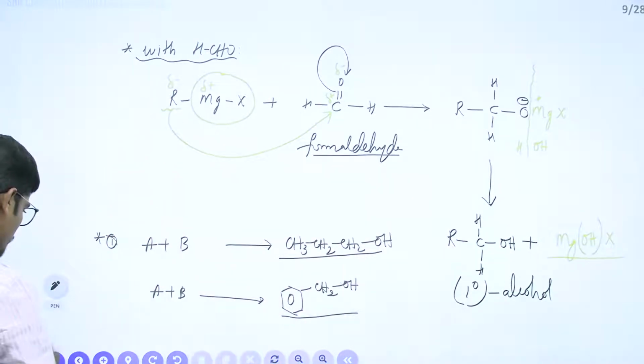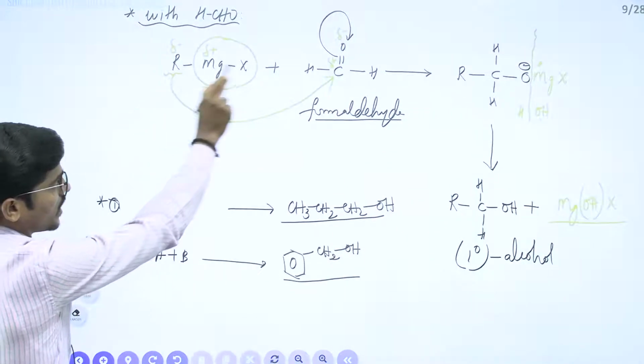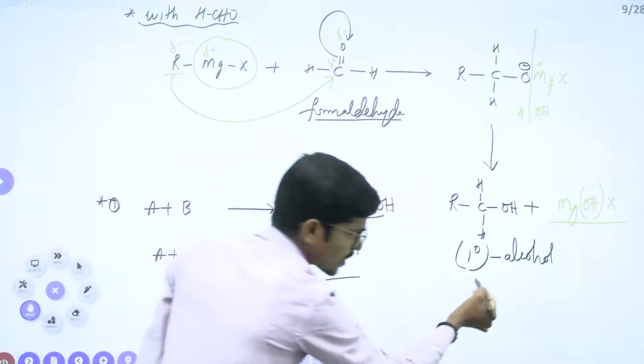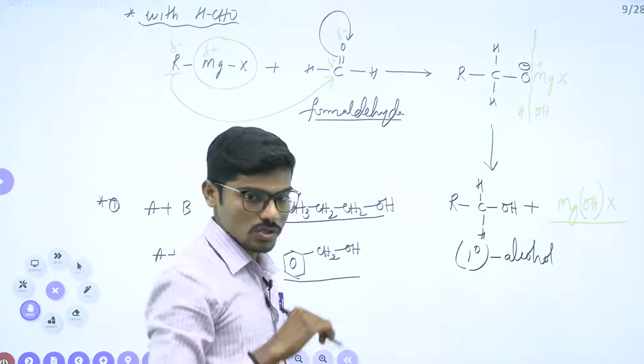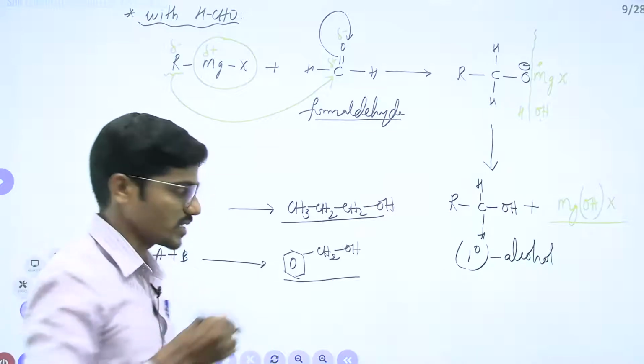Next one. The first reaction, that is Grignard reagent with formaldehyde, I have taken to prepare the primary alcohol. Next, preparation of secondary alcohol. So how can we produce the secondary alcohol with the Grignard reagent? Let's see.